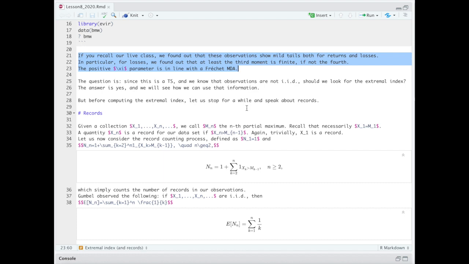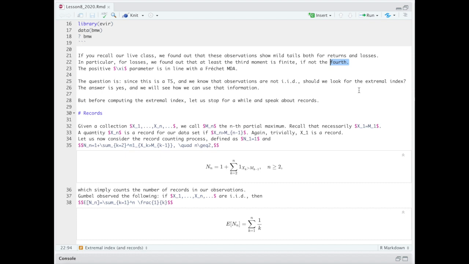Remember that the fact that psi is significant is pivotal for us, yet the value that we get for the psi parameter in the vicinity of 0.2 indicates that for sure the third moment is finite and possibly also the fourth. So in a sense, we are not playing with extremely fat tails.